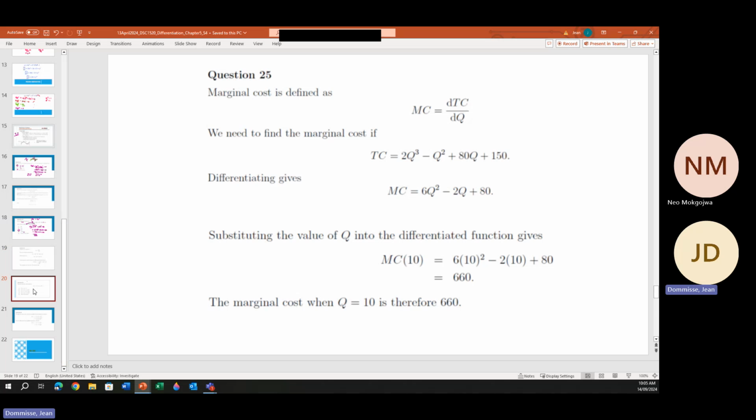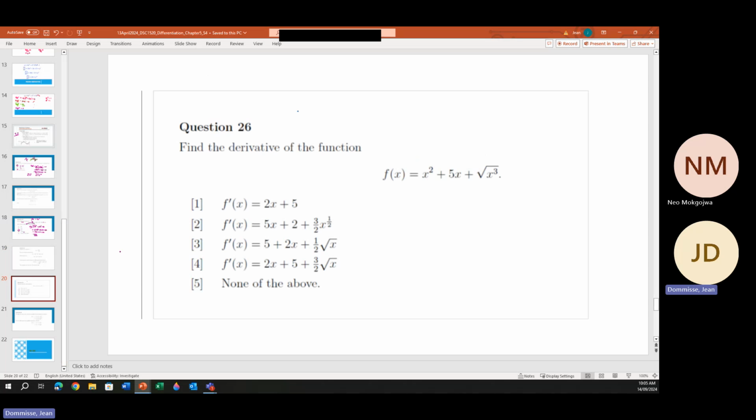Okay, and the last one is again a derivative that I included that is nearly a combination of things.